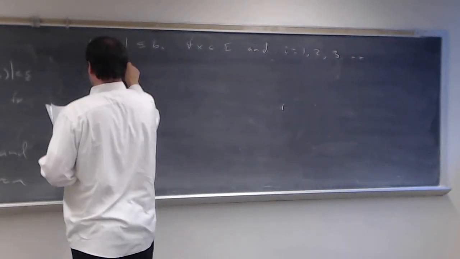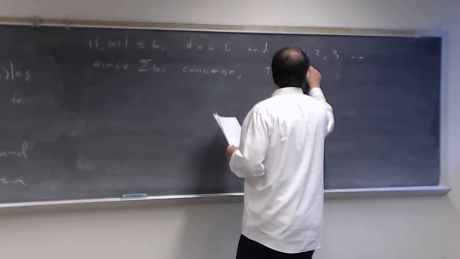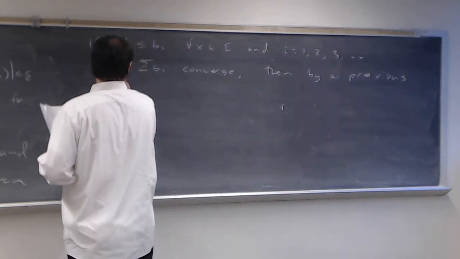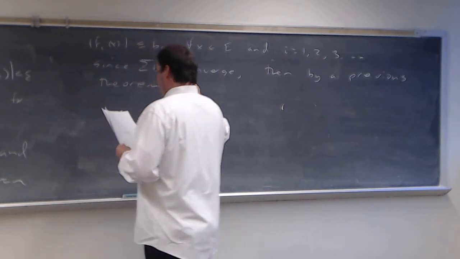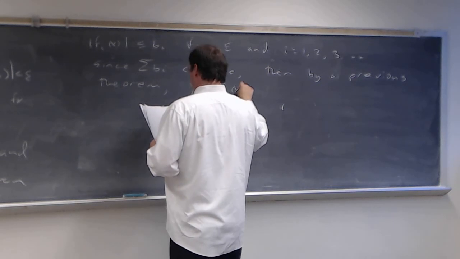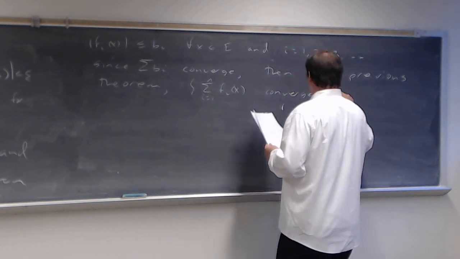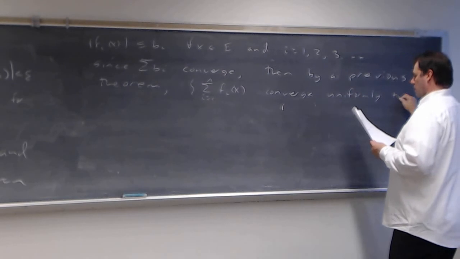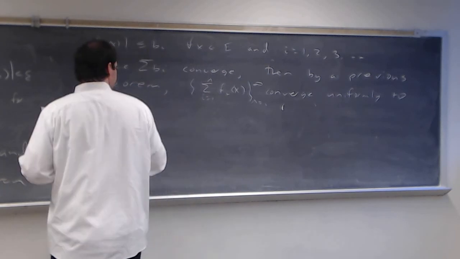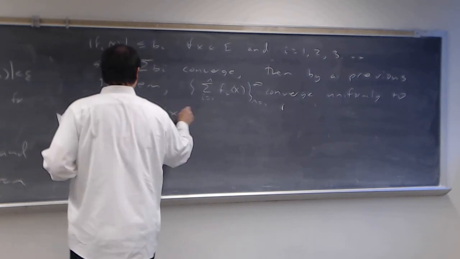So since the sum of the b sub i's converges, then by a previous theorem, the sum as i runs from 1 to n of f sub i of x converges uniformly to g of x for all x element of E.